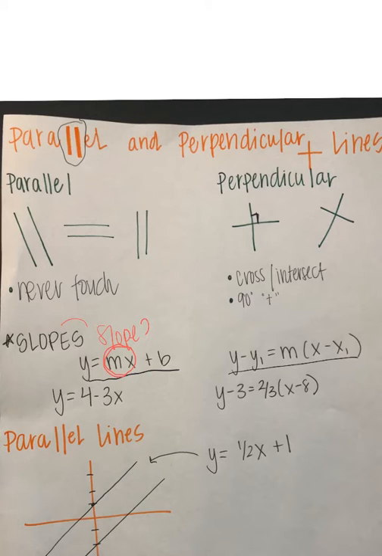In this example, y equals 4 minus 3x, the slope is right next to the x, so your m value here is -3. Versus in point slope form, the m is right here, and my slope value here is 2/3. All of this is prior knowledge that you have to know to be able to do today.